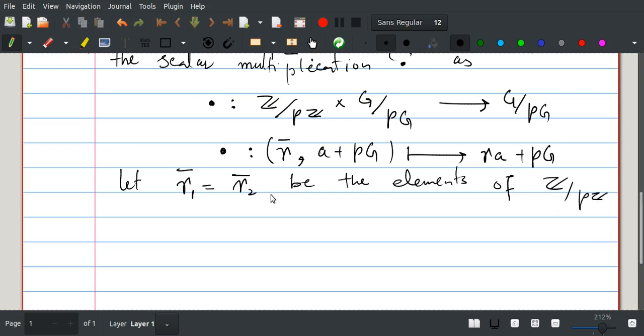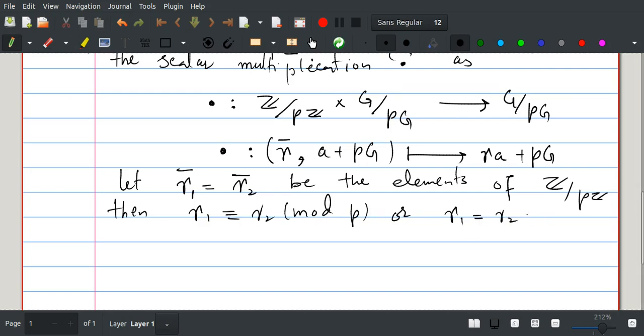So we have to prove, if this is true, then R1 is congruent to R2 mod P, or R1 is just R2 plus PM.